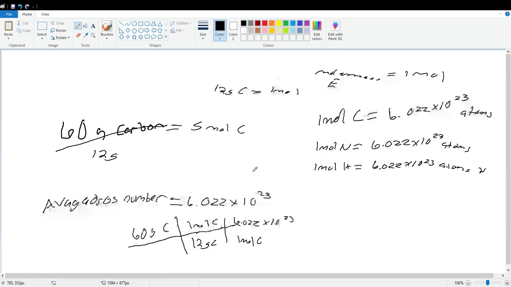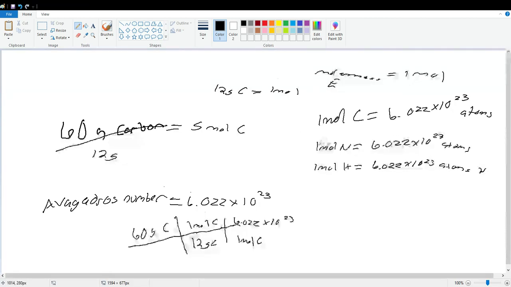If we go to 1 mole of nitrogen, we'd also have 6.022 times 10 to the 23rd atoms. And for 1 mole of hydrogen, you'd have 6.022 times 10 to the 23rd. So even though they're different elements, they have 1 mole, which equals 6.022 times 10 to the 23rd.